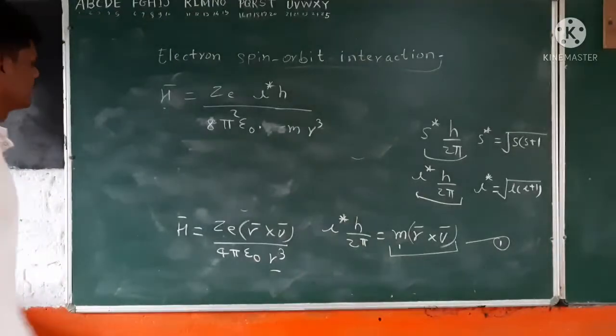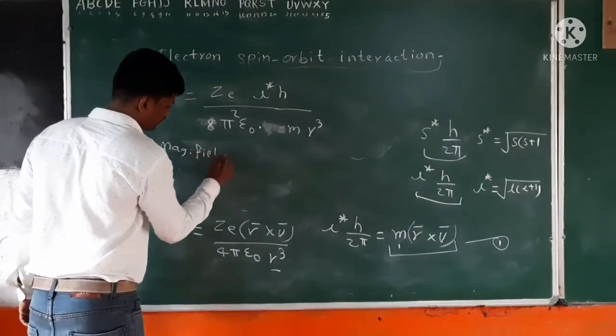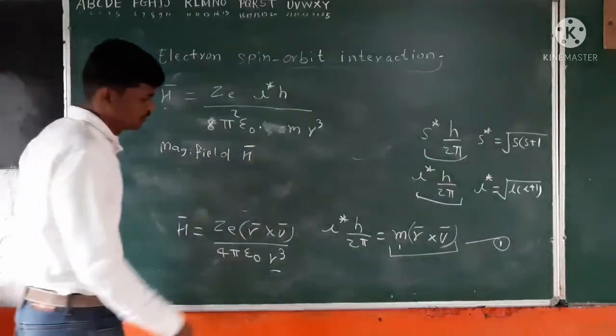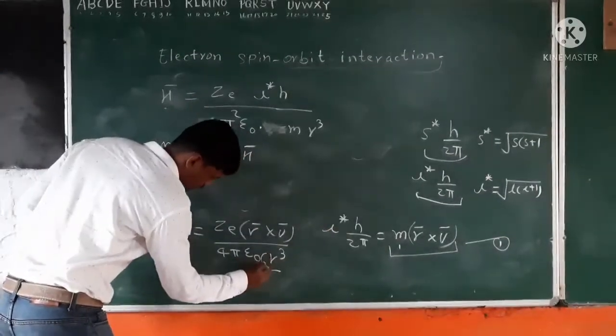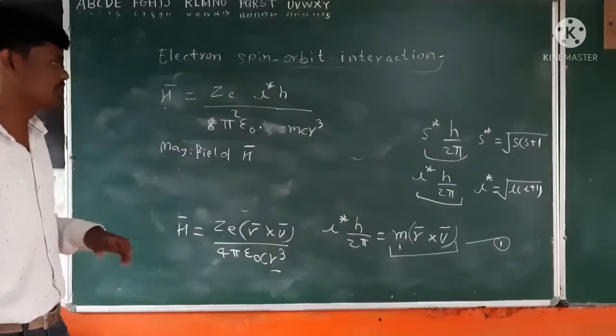This will be the magnetic field. Here we just forgot our c, so that c will be here. Now this is the magnetic field H bar.